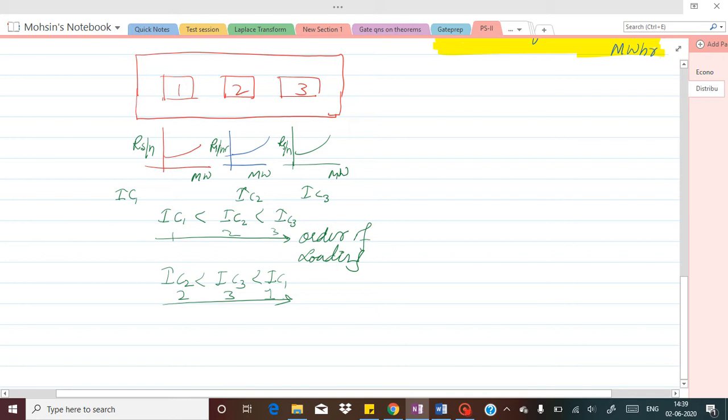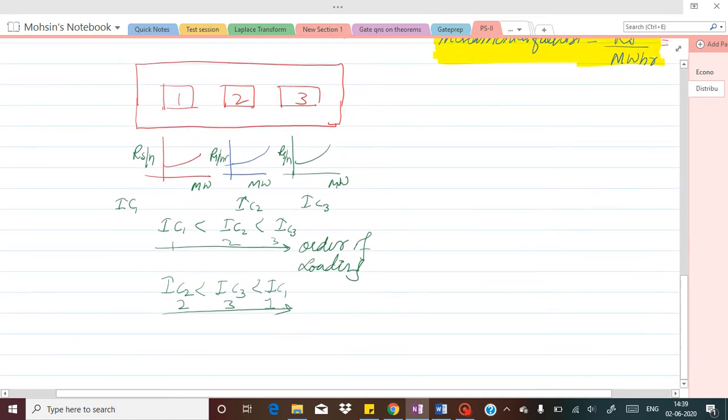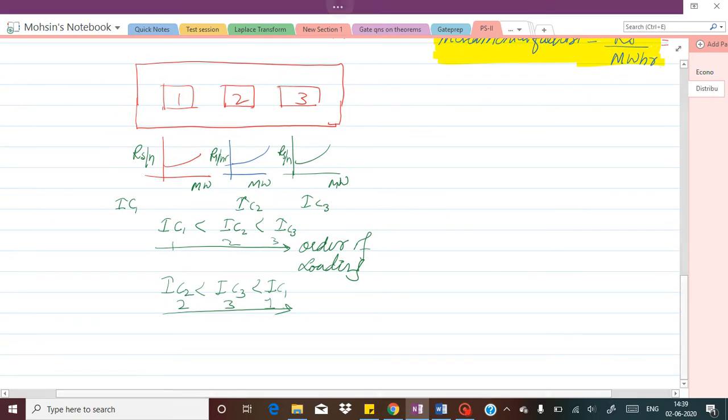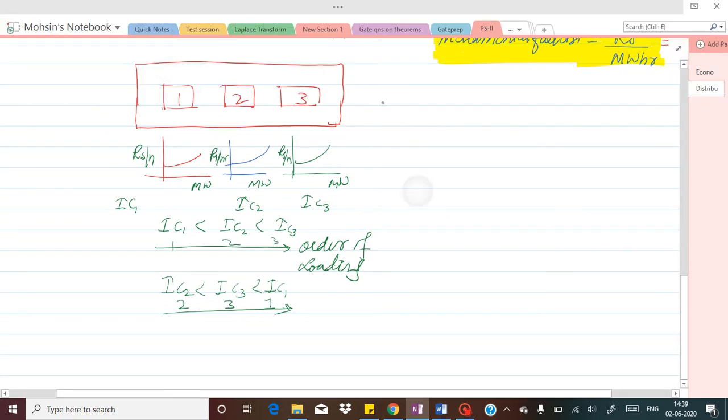Directly you can say incremental rate or incremental cost, so I will take the normalized term as incremental cost only. So if the input output is given by an algebraic equation, how can we obtain the incremental fuel cost?